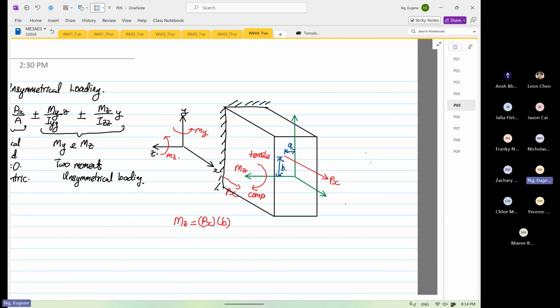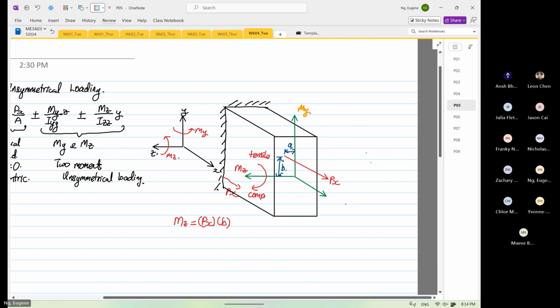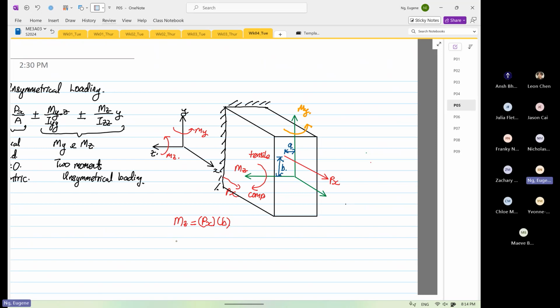This moment about Z. And then moment about Y will go about in this orientation. Moment about Y is equal to Px multiplied by A. So over here, you can see that this is compression.